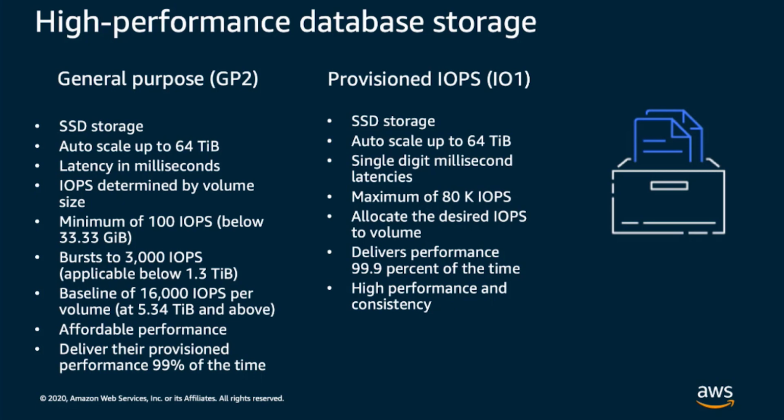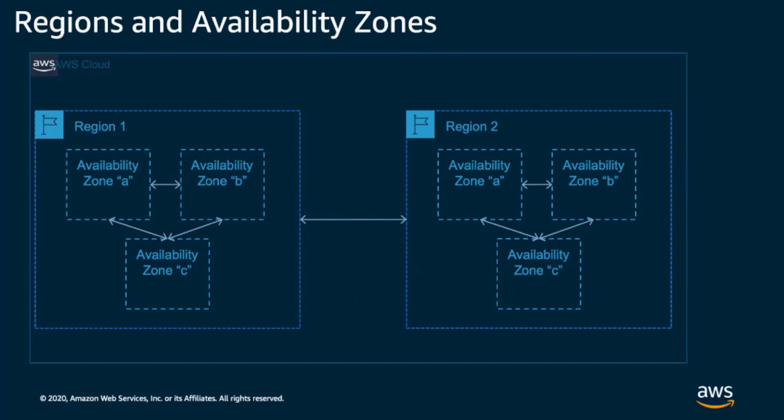In terms of high availability, whenever I created an RDS instance, I chose a high availability checkbox, right? Before we talk about high availability, I want to quickly talk about what a region and an availability zone are. In AWS, a region is a physical location around the world where we cluster the data centers.